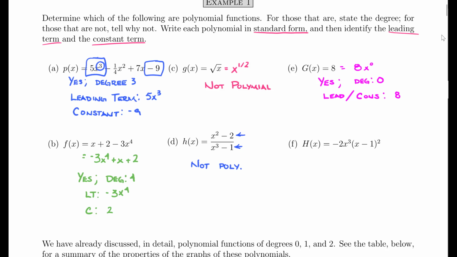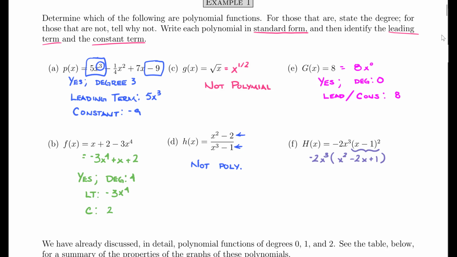And then finally we have this last one. Initially it appears to be a polynomial, and in fact it really is, but we need to expand this x plus 1 or x minus 1 quantity squared. So we have the -2x cubed, and then when we do the binomial expansion of x minus 1 quantity squared, we're going to get x squared minus 2x plus 1.